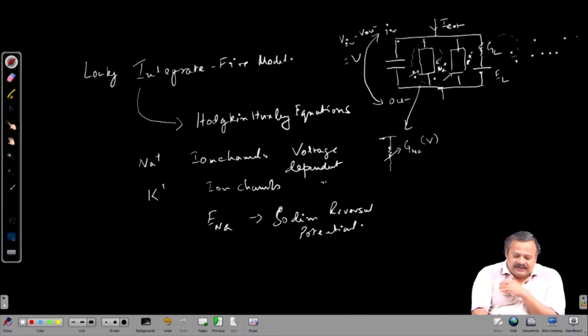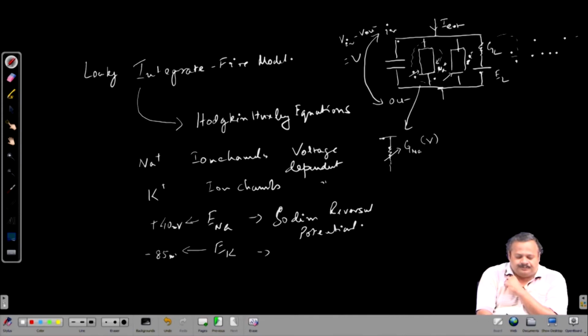Similarly, we will have the same thing for potassium, its reversal potential, which is dependent on the potassium concentration outside and inside. Given from our previous lectures, this ENA is close to plus 40 millivolts and this EK is close to minus 85 millivolts.